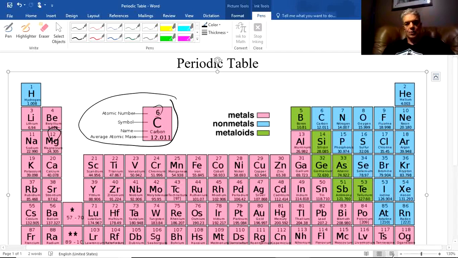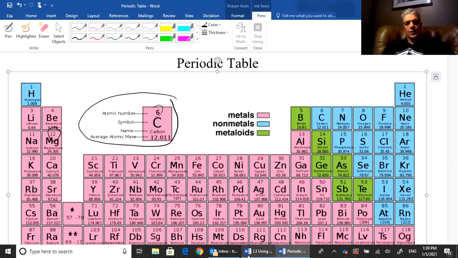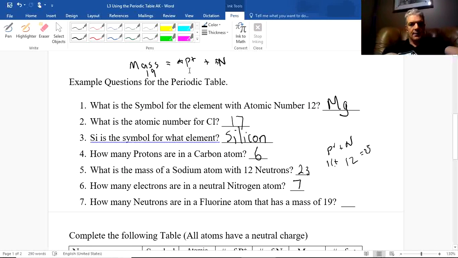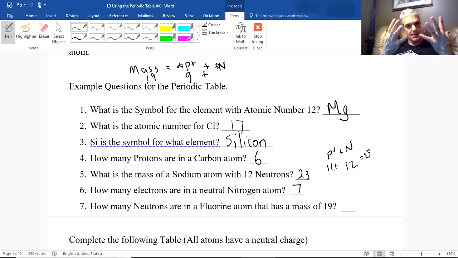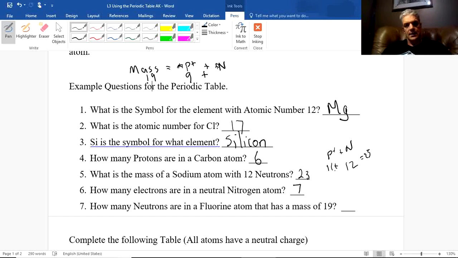Let's go back over here to our other page, and if I stick in 9, I think most of you can do this in your head. 9 plus some number is going to give you 19. Well, what does that number have to be? 9 plus, and then just start counting: 10, 11, 12, 13, 14, 15, 16, 17, 18, 19. How many fingers do I got? I got 10. So I need 10 neutrons to give it a mass of 19. So write in the answer 10.